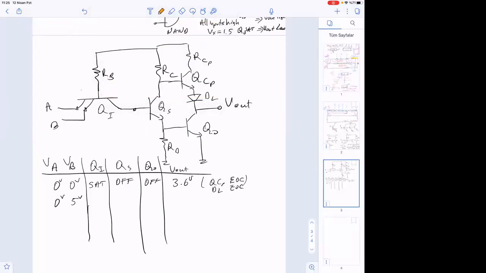Because think about that. There's a diode here, and there's a diode here. So this diode is going to be on. This diode is going to be off. For which case? The 0,5 case.